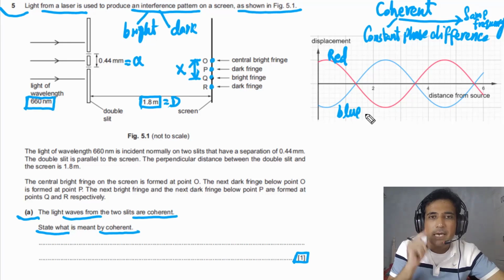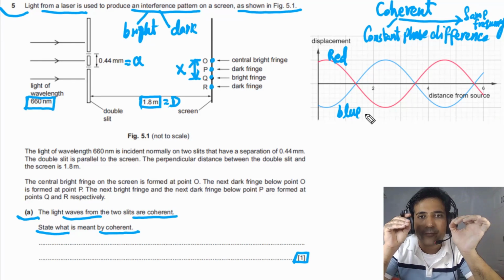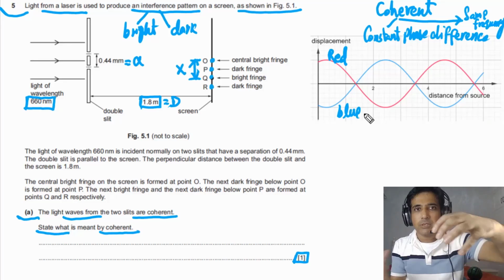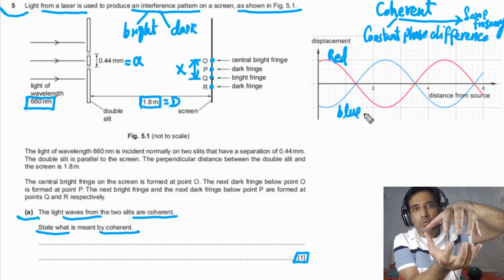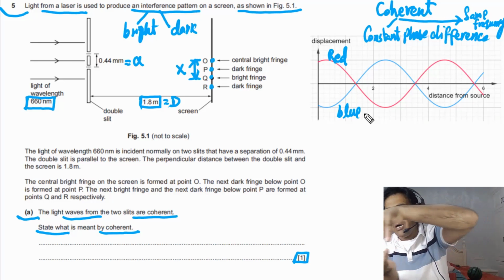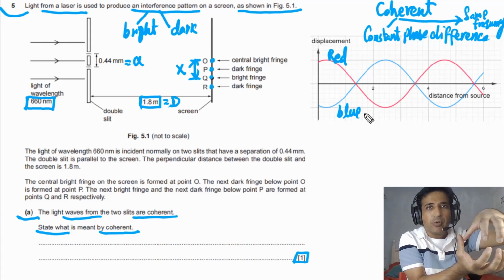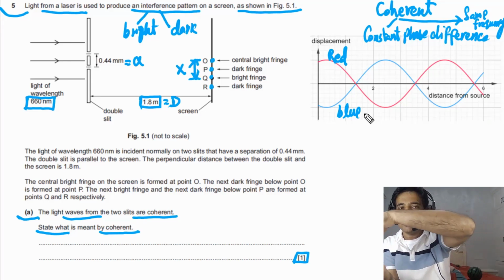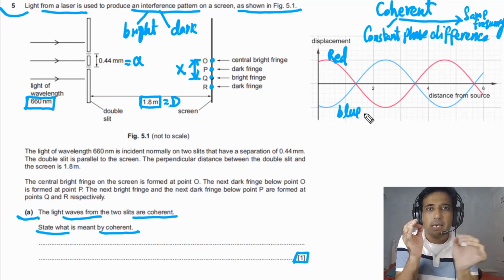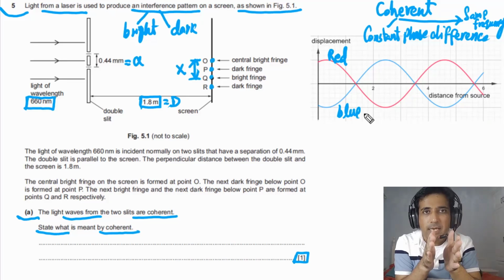At any point, they have a constant phase difference. You can also imagine we have these two waves, one has a crest, one has a trough, and always they are like this. At any point you will see the phase difference is equal to 180 degrees. So they have a constant phase difference, and we can say these two waves are coherent.